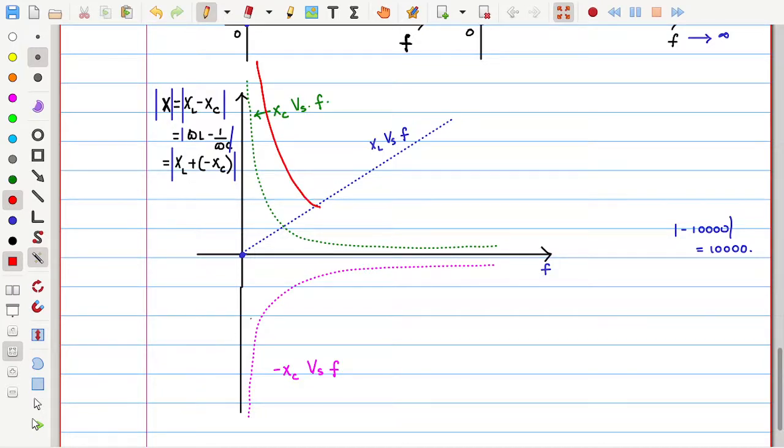Next, as frequency increases, the inductive nature is going to dominate. At a particular position, we get the minimum value of the reactance.